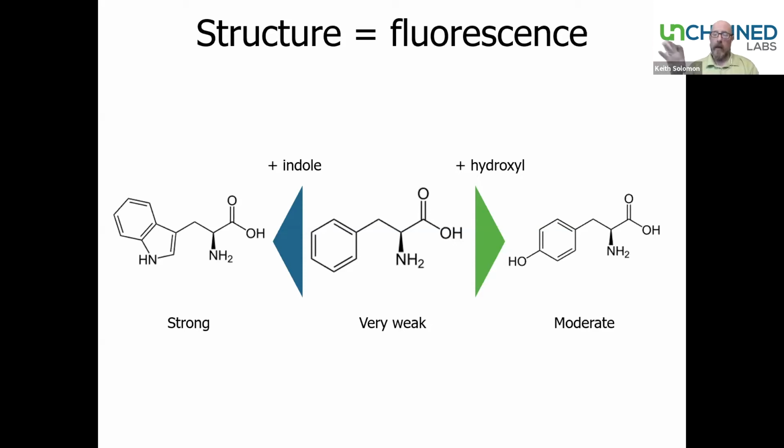Tyrosine, which is pictured on the right of your screen, has a hydroxyl group, and it has moderate quantum yield from its fluorescence. And then phenylalanine, which has an undecorated benzene ring, really has very weak fluorescence with regards to the level of quantum yield from tryptophans and tyrosines. So the actual structure of the amino acid itself plays a huge role in the characteristics of the fluorescence that you receive from those amino acids.